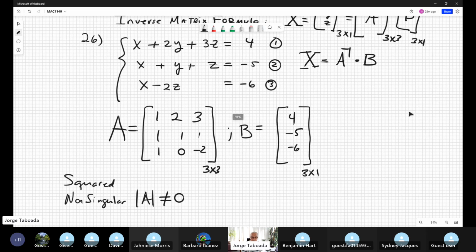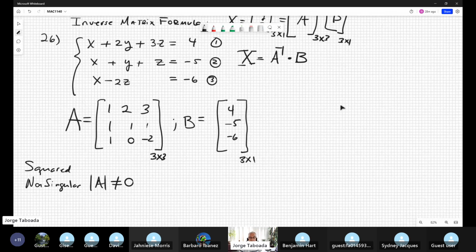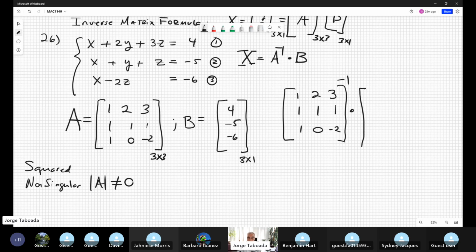When you apply the formula, you copy this A matrix. You perform the inverse matrix of this, of course using GeoGebra, and multiply by B, which is 4, minus 5, and minus 6. When you perform this multiplication, it's 3 by 3 and 3 by 1, for sure matching the dimension perfectly.